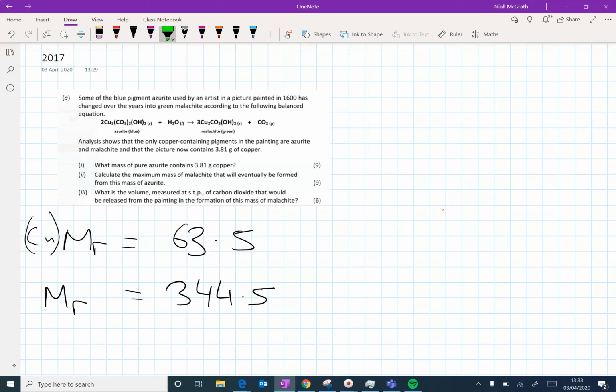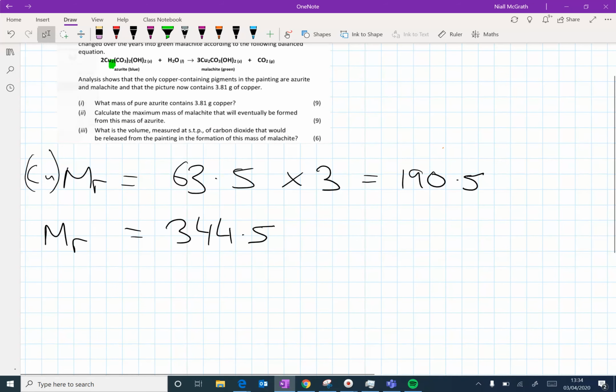In our formula for it, you see there are 3 copper atoms. So to find the mass of copper in this compound completely, we have to multiply this 63.5 by 3. And that gives you a total of 190.5. If you want to see what percentage of the azurite is composed of copper, it's like finding any other percentage.